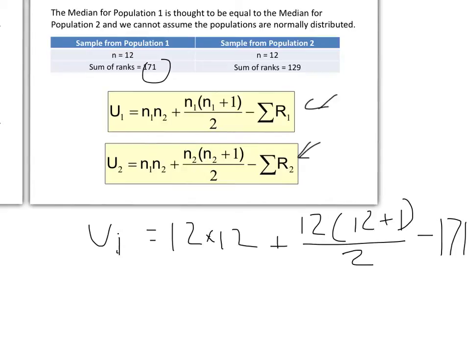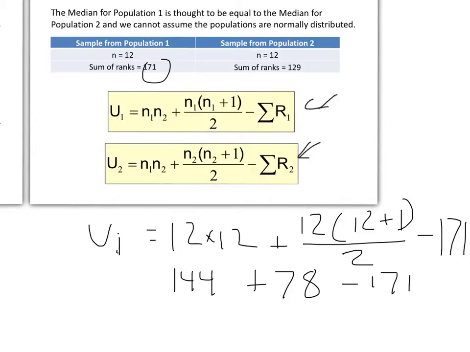Okay, so let's do that. We get 144 plus 12 times 13, which is 156 over 2, 78. And then we would subtract 171.